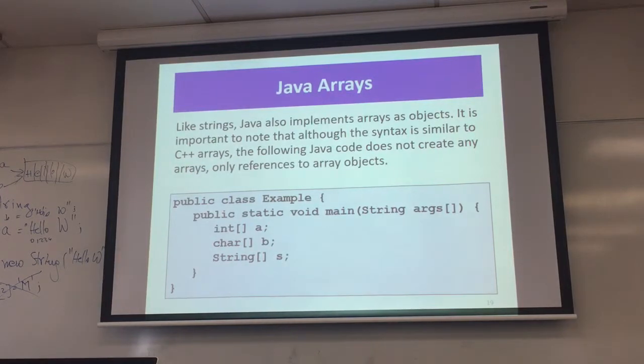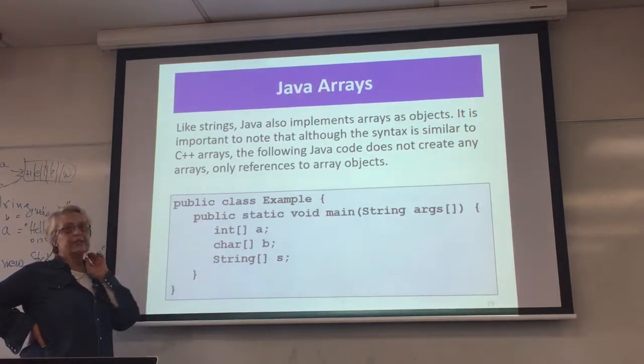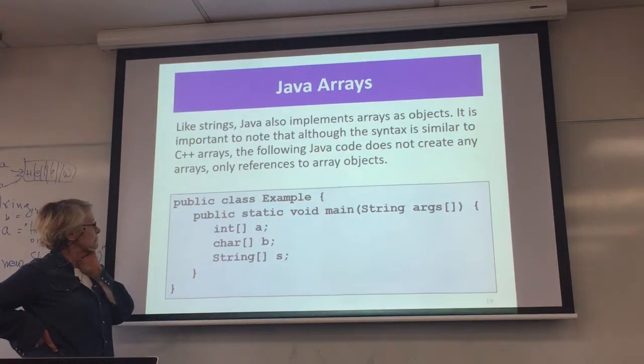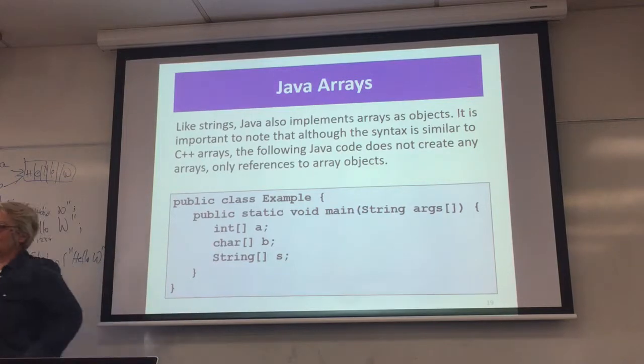And Java arrays are implemented as objects. We use the notation like from C++, notice. A is an array of int.